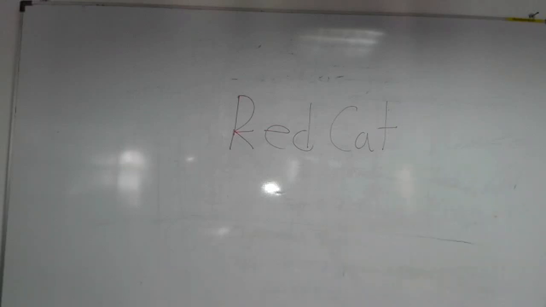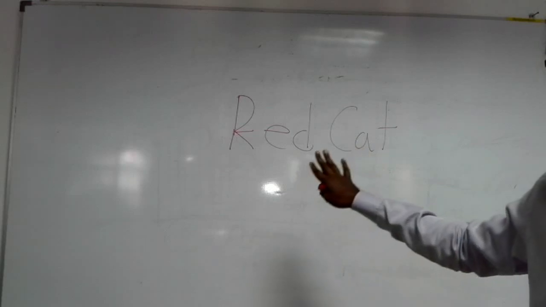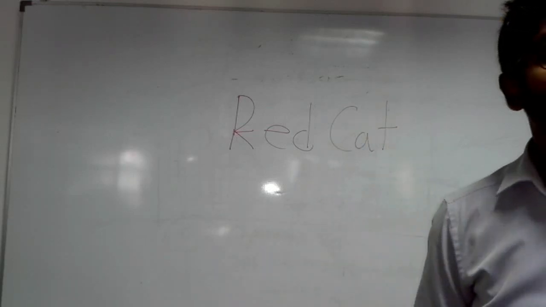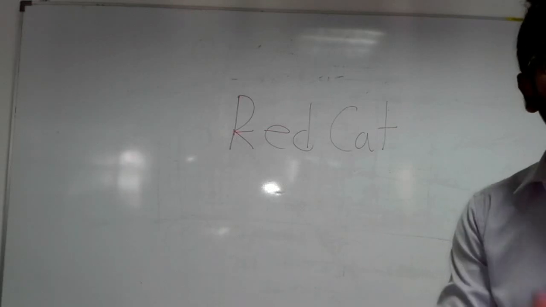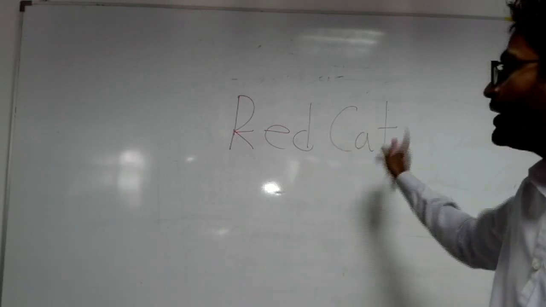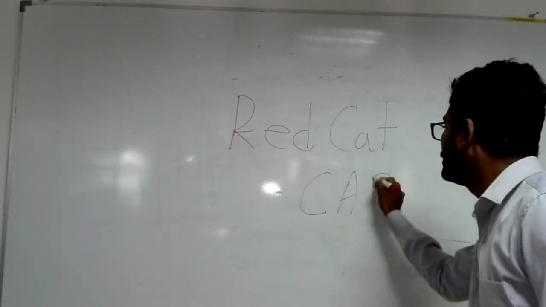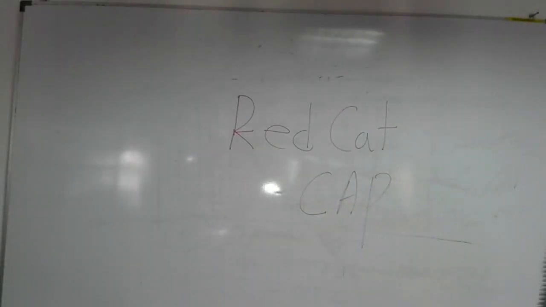So when considering the electrochemical cell, the anode and cathode have some charges, a positive or negative end. You have to find which one is the positive end and which is the negative end. You can use REDCAT and CAP here too.